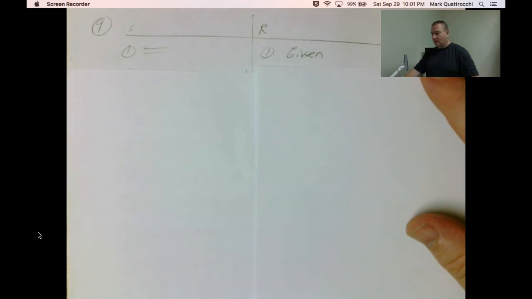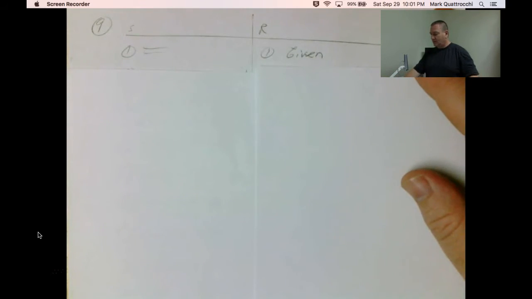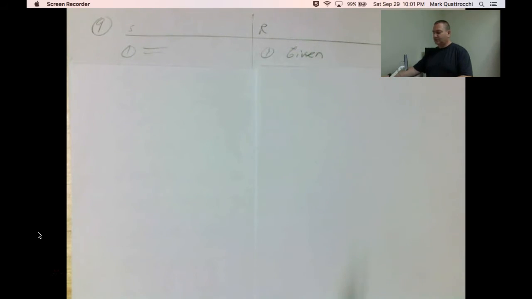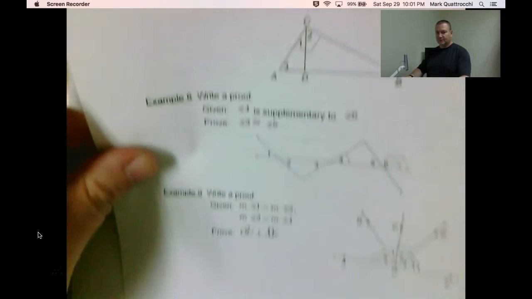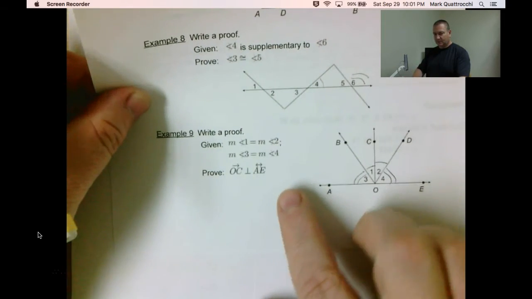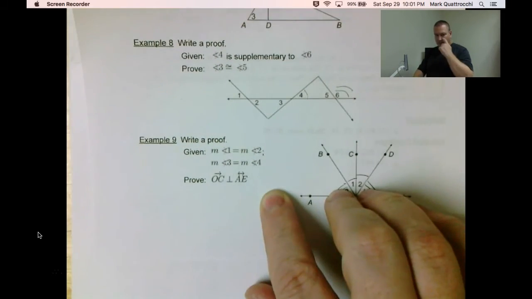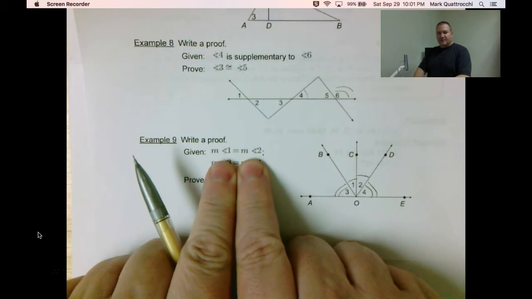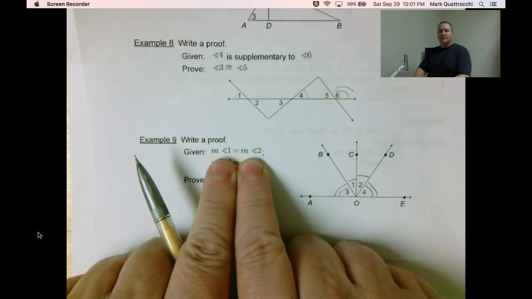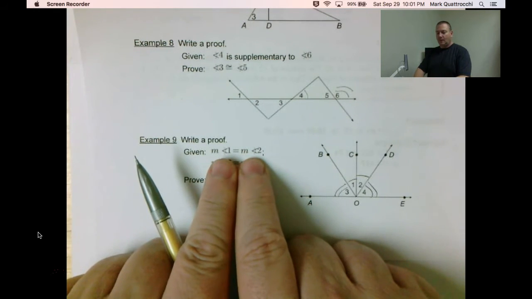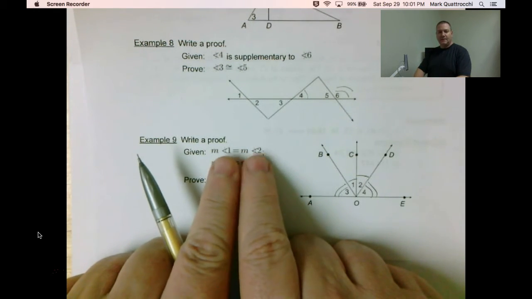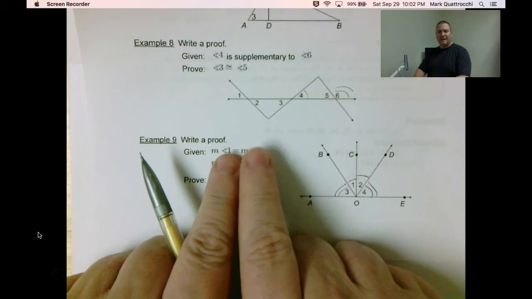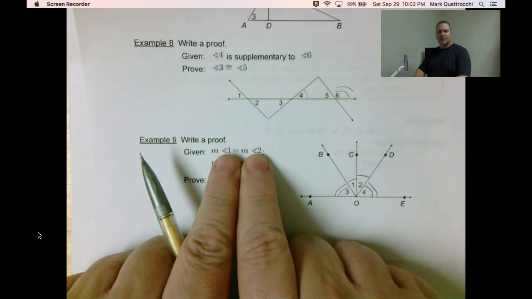Okay. From that given information, what do we know about the fact that angle 1 equals angle 2 and angle 3 equals angle 4? So this is a little bit difficult to see, so I'm going to draw this out for you a little bit. Here we have a statement, measure of angle 1 equals measure of angle 2. As long as I keep the left and the right hand side balanced, I can write a new statement.